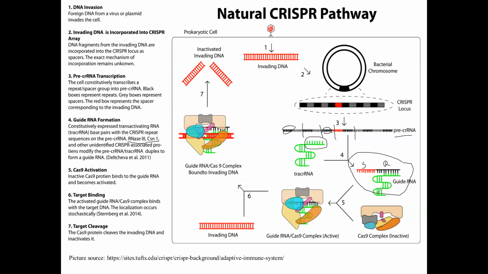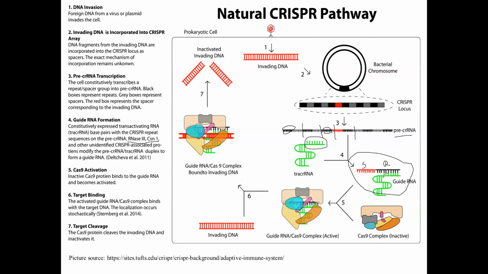Now you can see whatever is shown in green, the tracrRNA, has a binding affinity to the Cas9 protein. The Cas9 protein is a multi-domain protein. It has several domains, and each has a different function.